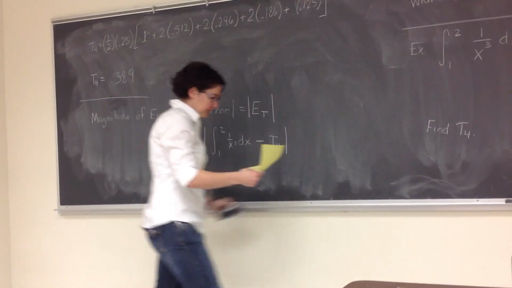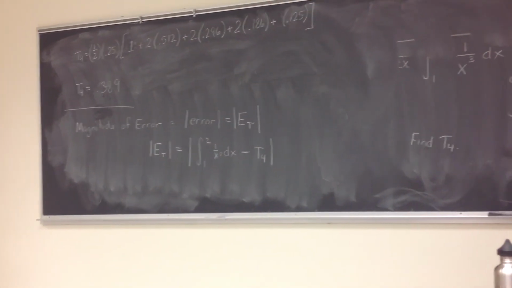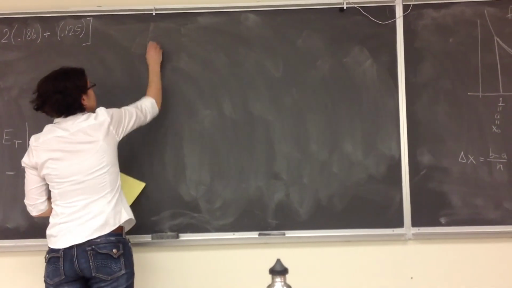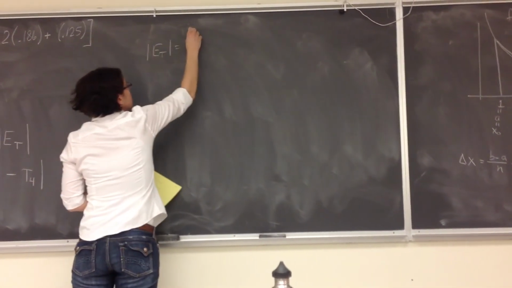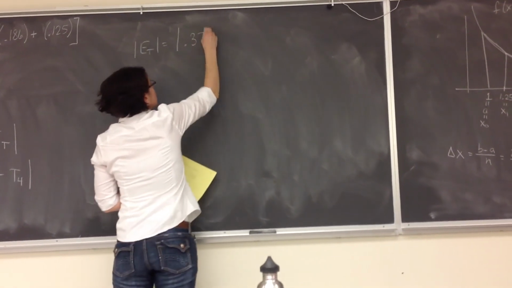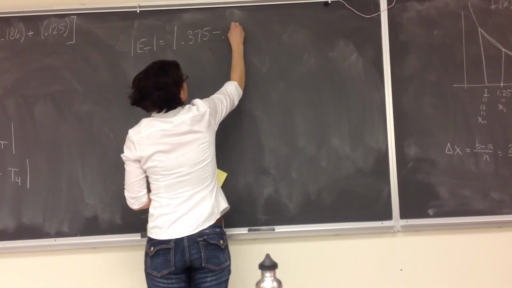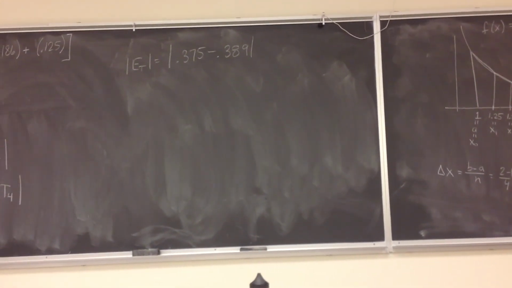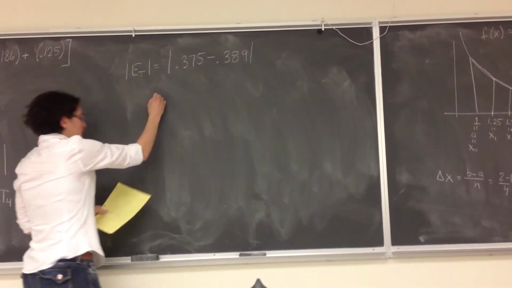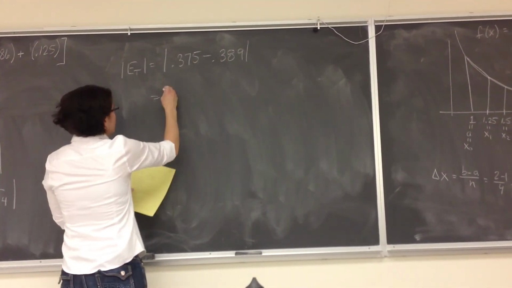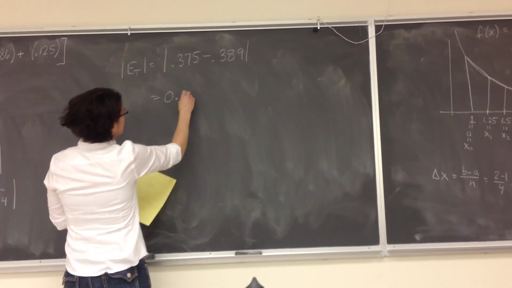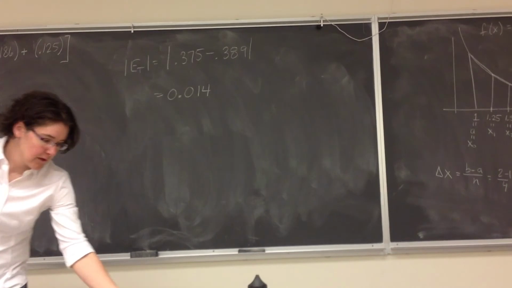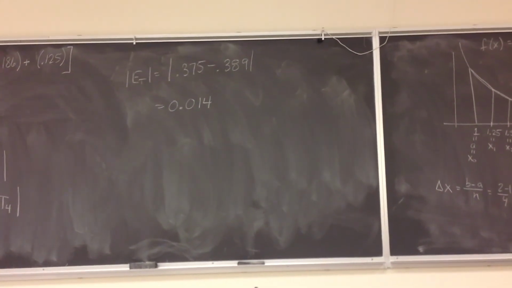So in our case, we're looking at 0.375 minus 0.389. The difference between the actual integral and the value from our trapezoid rule is going to be 0.014. And so this is our magnitude of error.